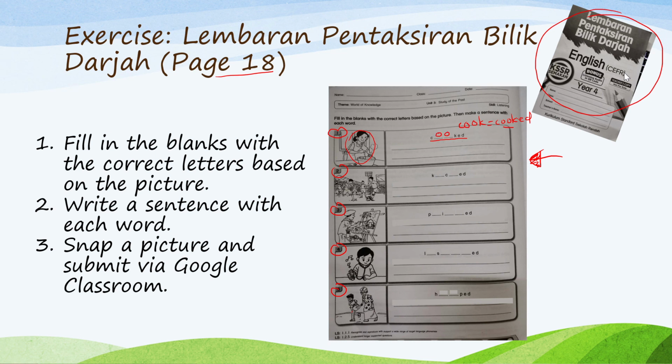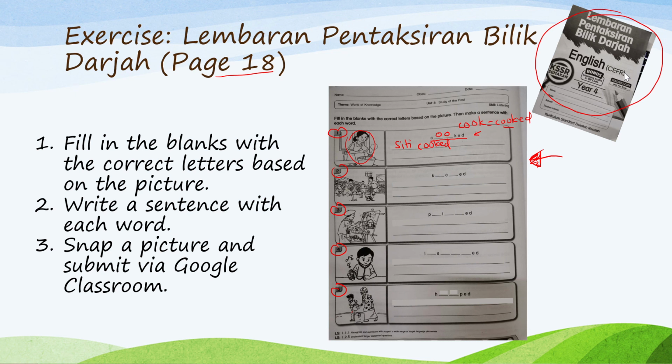Cooked. And then how do you write a sentence using cooked? Okay. As I said before, mula kena pasti subject. The subject is siapakah ini? Maybe kita letak saja Siti. Siti. Okay, Siti. Apa yang Siti buat? Siti cooked. Kita dah ada verb. Okay, Siti cooked.